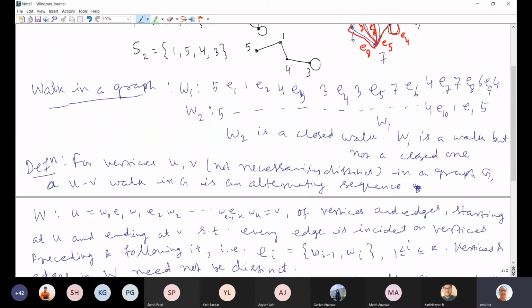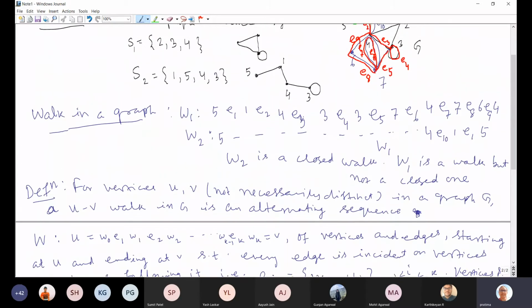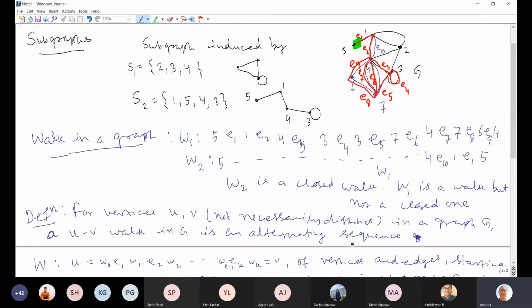Let us come to the example that I have given here. What is the length of W1? You tell me. The length of this walk W1. 9?